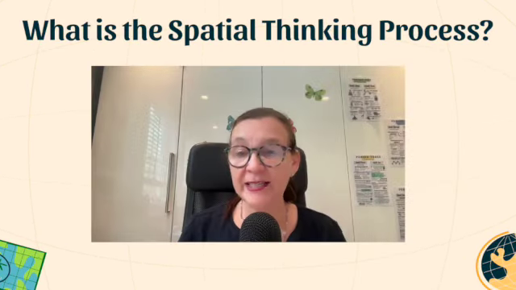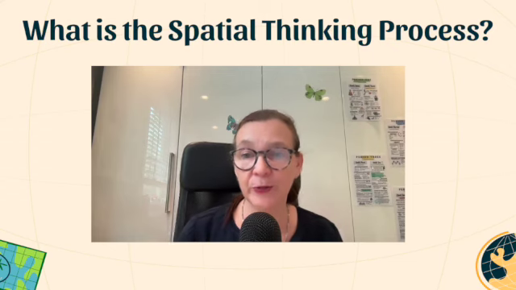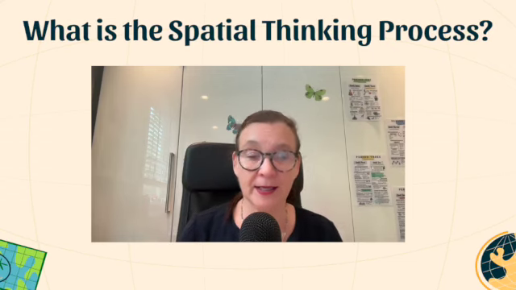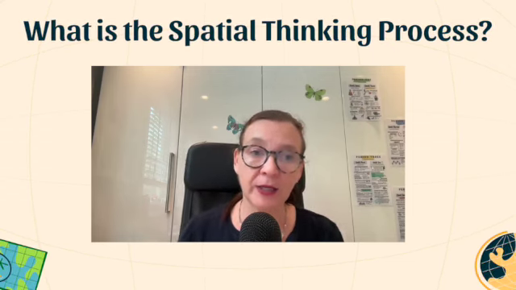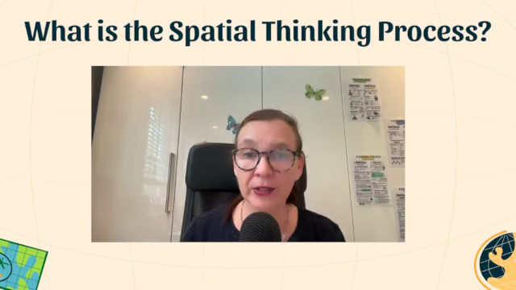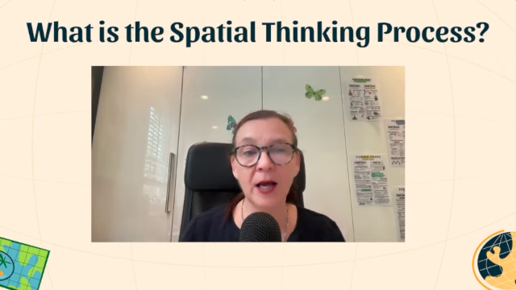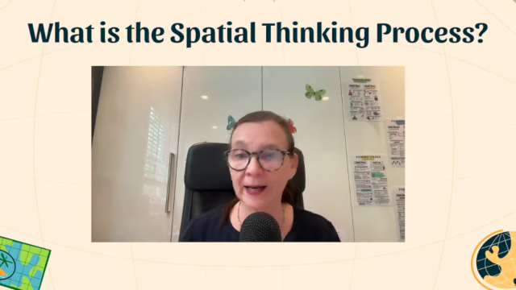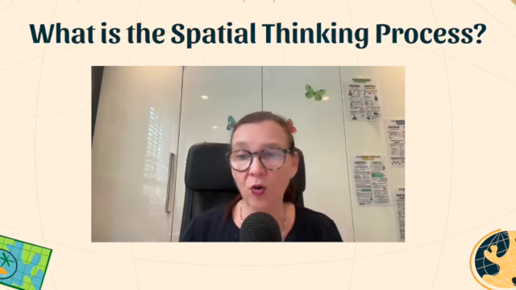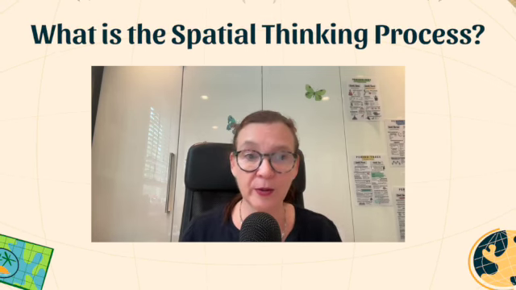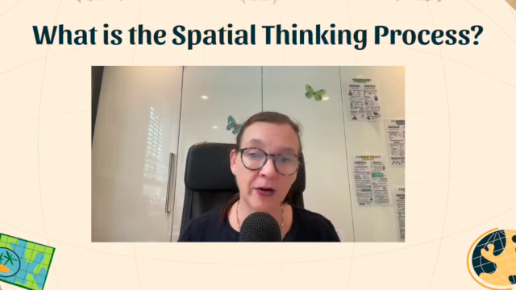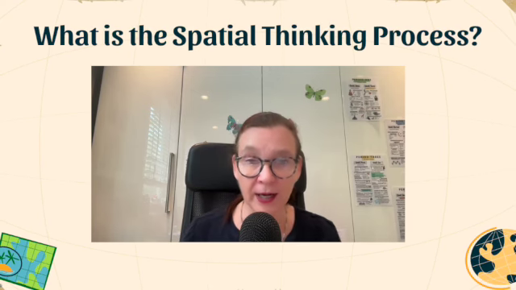Let's start by breaking down one of the most important skills in AP Human Geography, the spatial thinking process. So what is it? Spatial thinking is how geographers analyze where things are located, how they're arranged, and why they're arranged that way. It helps us understand how people, goods, and ideas move between places, or why sometimes they don't. Here's the purpose: it explains why some areas are highly connected while others are isolated.